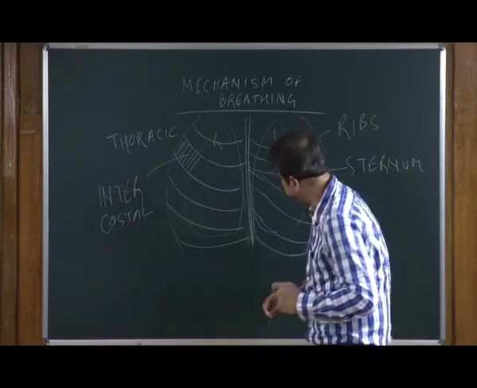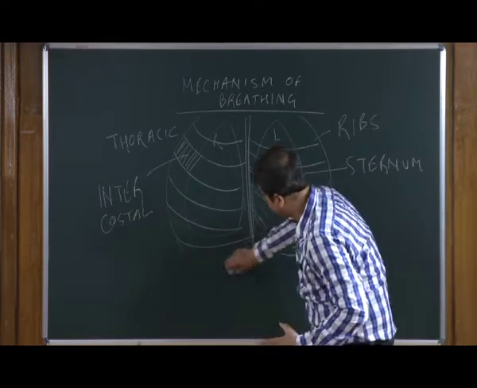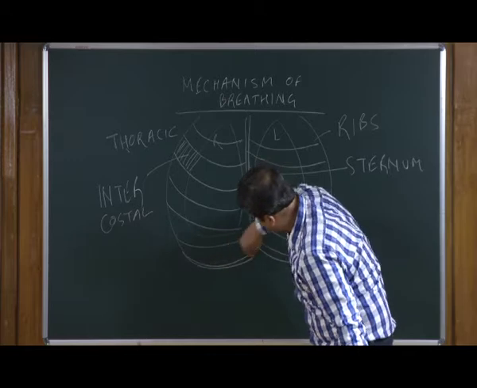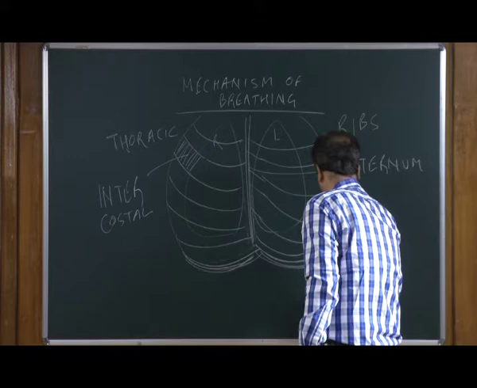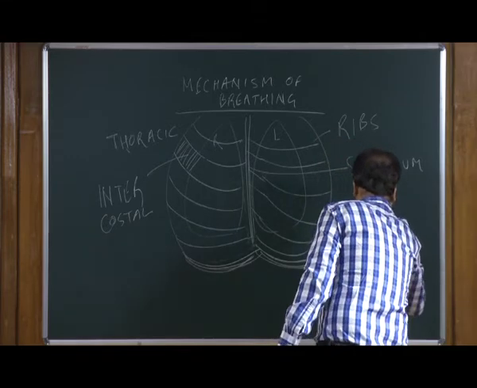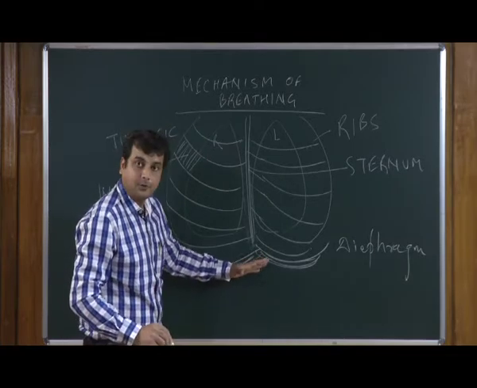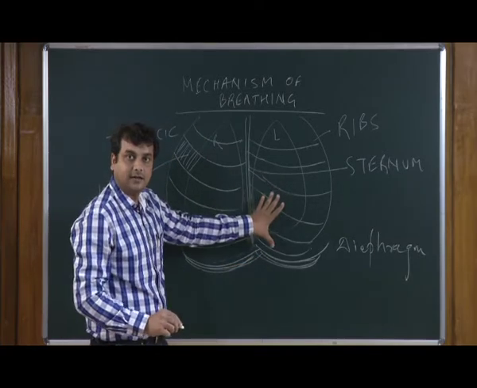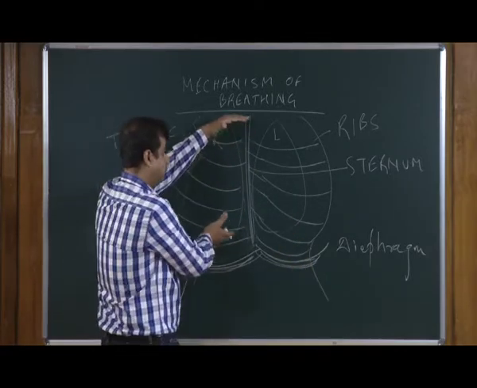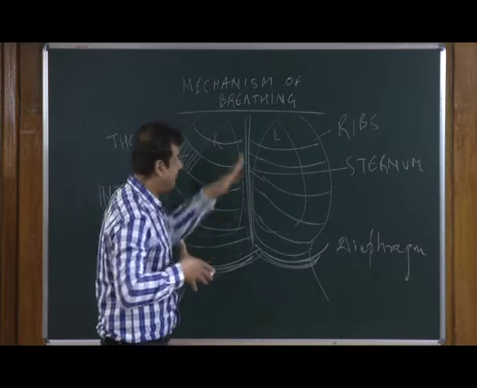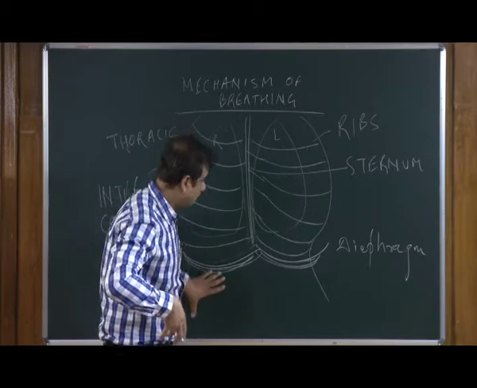Now, next is this whole chest cavity, which is supported at the bottom by a muscle which we have already discussed, called the diaphragm. So, this diaphragm is very important in order to provide strength to this chest cavity. Now, in general we are calling this the thoracic cavity, this is the thorax. The cavity inside is called the thoracic cavity, and just below this cavity we have the abdominal cavity.